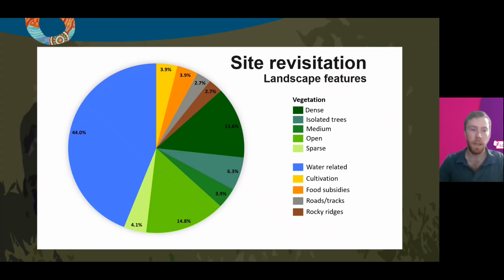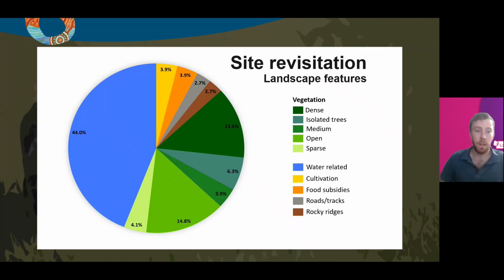And this pie chart here is representing what the features of those particular highly used points were. As you can see, 44% of those are related to water. Quite a large proportion of those are in different densities of vegetation. And the rest are split between cultivation, 3.9%, food subsidies, 3.9%, and then 2.7% respectively for roads and tracks and rocky ridges.